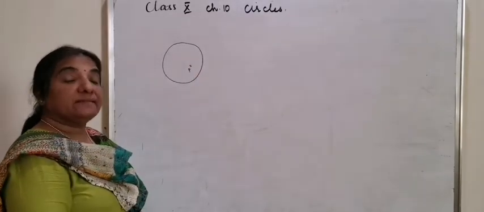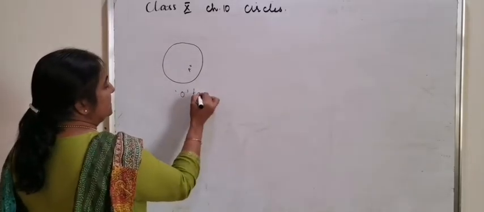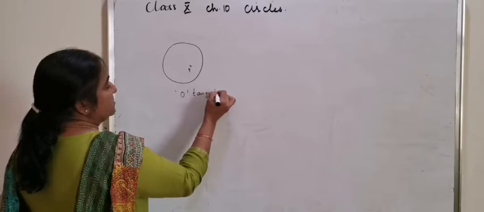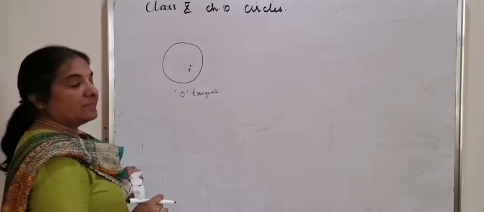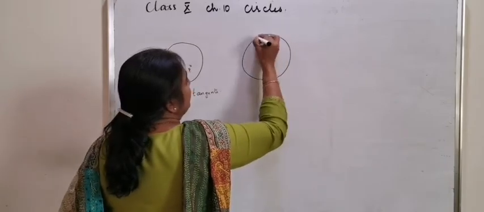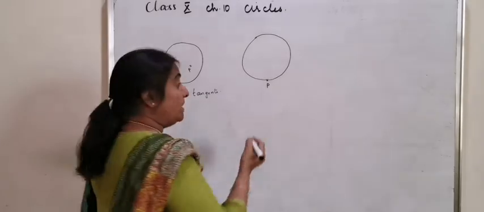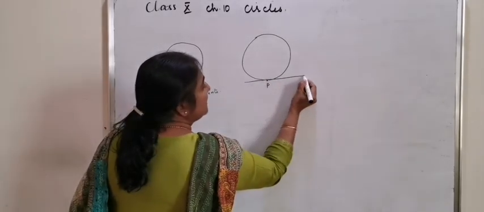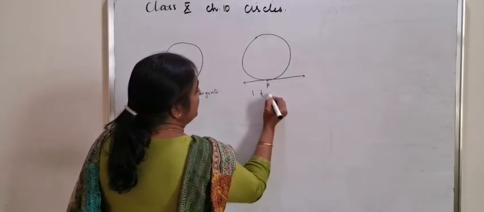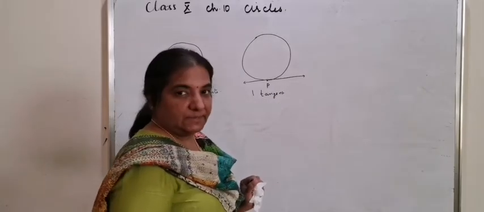There cannot be a tangent possible in such a case. Imagine the point P is on the circle. How many tangents? There can be one tangent if the point P is on the circle.